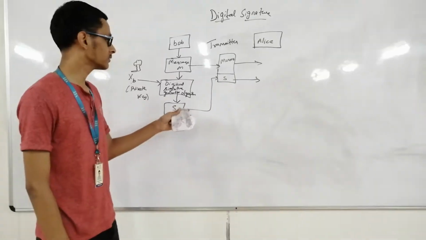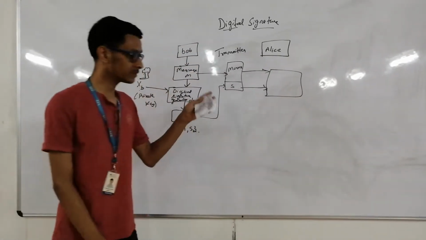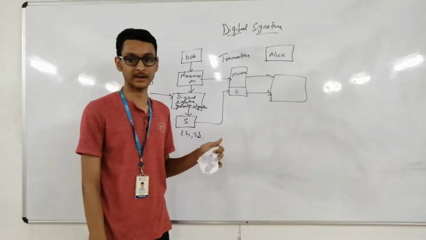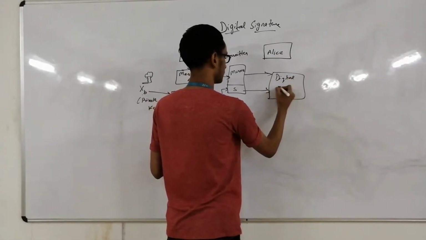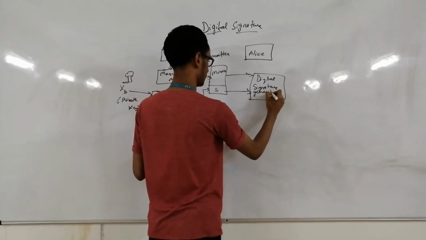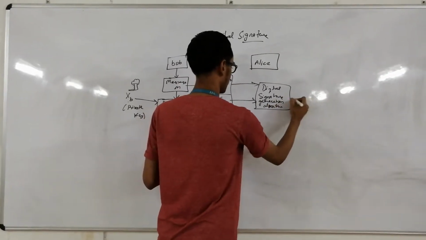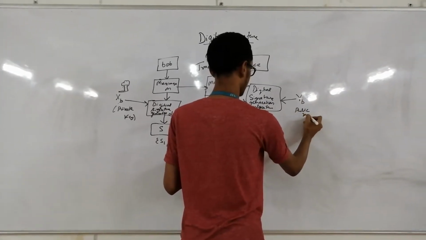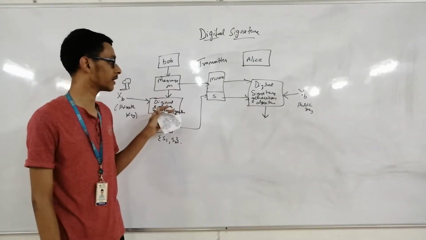Now Alice receives the message and S. Once Alice gets the message and S, she uses the sender's public key, that is YB.